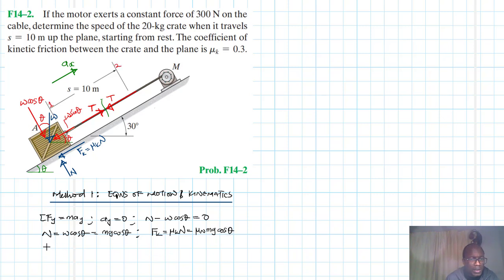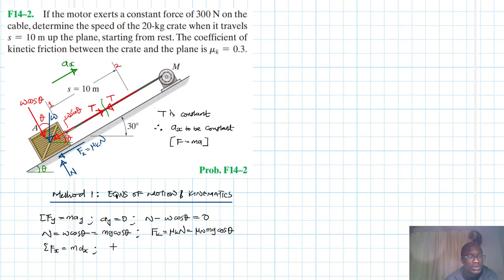Right, so let's apply the summation of forces in the x direction, which is equal to m a x. We know that T is constant, and therefore we expect a x to be constant also, from the equation F equals m a.